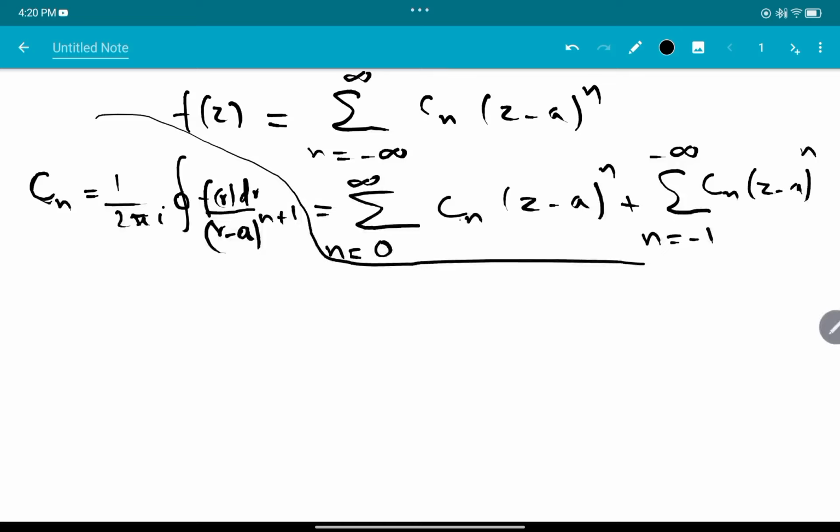One advantage of this expression is that you have one c_n for both the series, this positive series as well as the negative series.